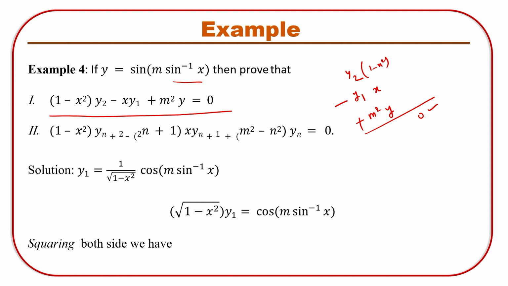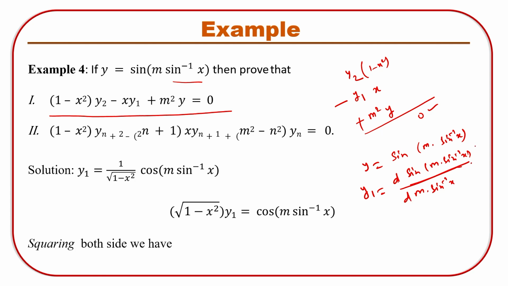So what is given? As you can see here, it's given as y equals sin of m into sin inverse of x, right? So y1 can be written as d of sin(m sin inverse x), divided by d of m sin inverse of x, using the chain rule, and then d of m sin inverse of x divided by dx. That is the easiest way.